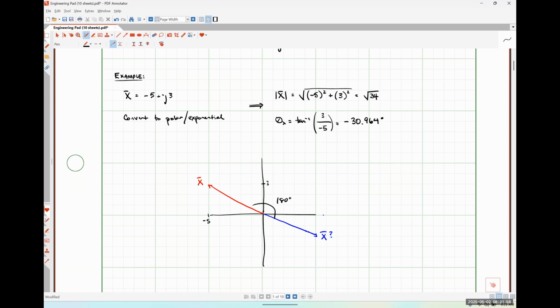And when I put that in my calculator, I got r is equal to 5.831, which happens to be the square root of 34, with an angle of 149.036 degrees, which is exactly 180 degrees away from that erroneous angle that we talked about.